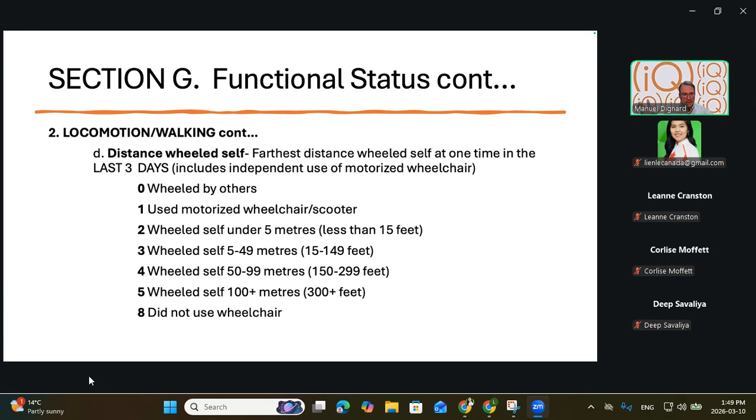So they wheel themselves for 25 meters. They need a break. I push them for 5. And they wheel themselves for 30. So they did 55, but it doesn't count as 55. We're not going to combine when there was an assisted stretch in the middle. So it has to be a single episode of wheeling.